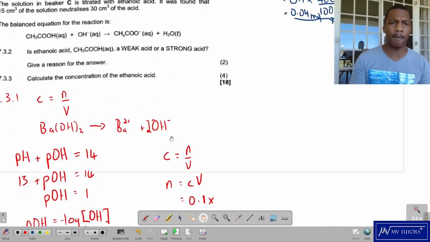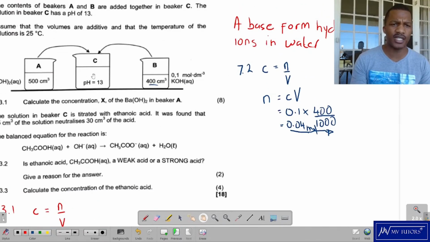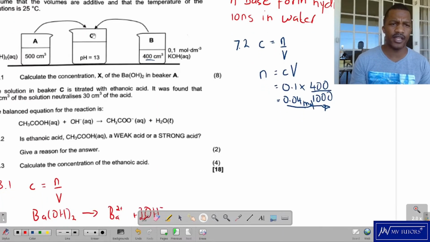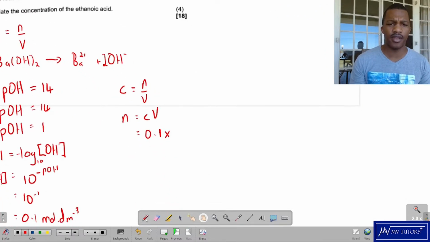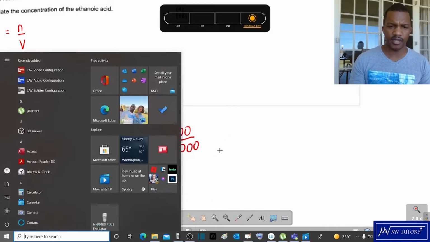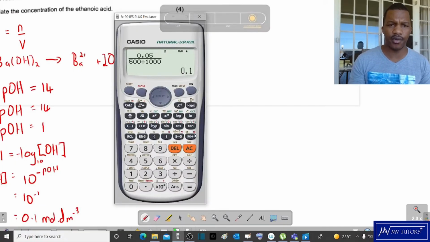Remember, we are on beaker C, so the volume of beaker C is 500 plus 400, which is 900, because you're adding A and B together. So then we'll come back, put 900 over there. To convert it, divide by 1,000. All right, let's get a calculator real quick.